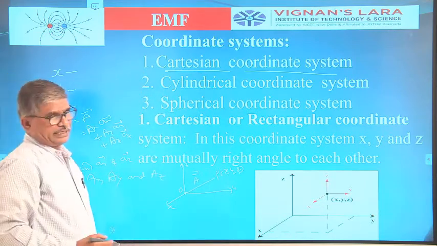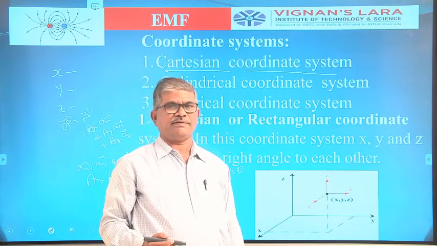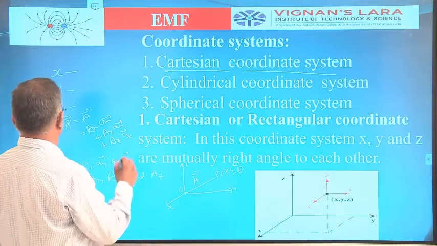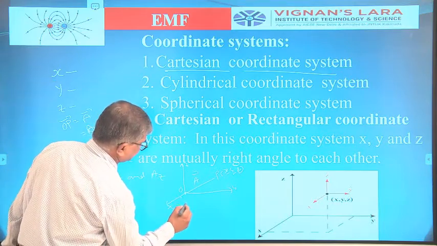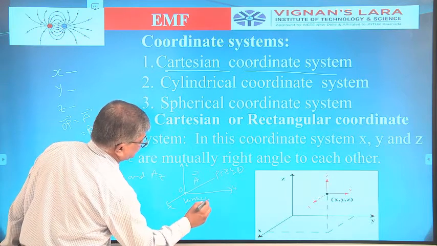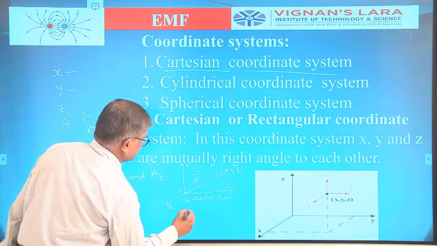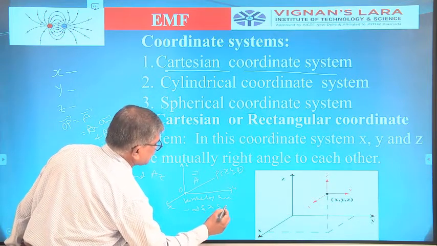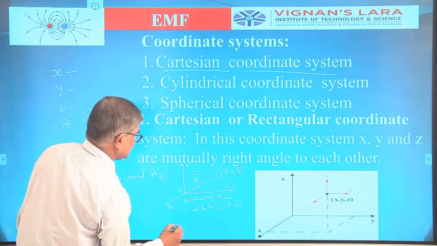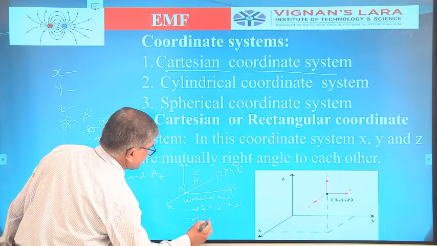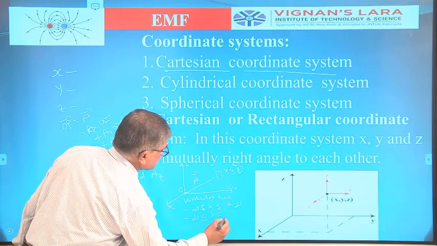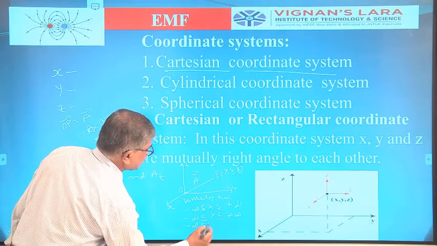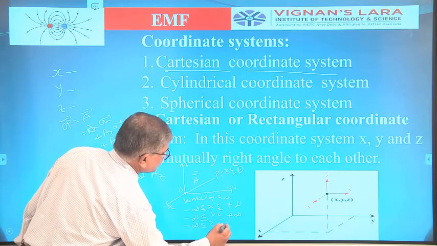So in the Cartesian coordinate system, the ranges are very important. The variables are: minus infinity less than or equal to x less than or equal to plus infinity, minus infinity less than or equal to y less than or equal to plus infinity, and minus infinity less than or equal to z less than or equal to plus infinity.